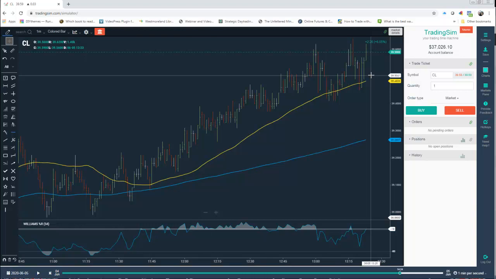This is just colored bars with a 50 bar MA, a 200 bar moving average, and the Williams percent R set at 54 cycle, or 54 periods. And we are looking at overbought, oversold, but we're also looking at what the market is. This is a perfect example of the only time you would want to have sold this market was right at the open, going again to the blue line, the 200 bar MA. When it proved it didn't want to go, you should have been a buyer the rest of the day.